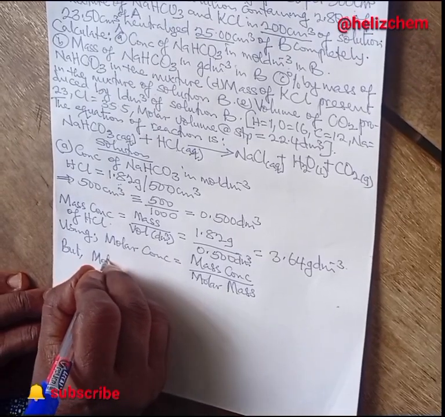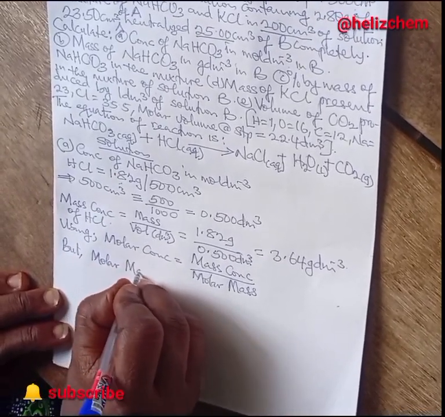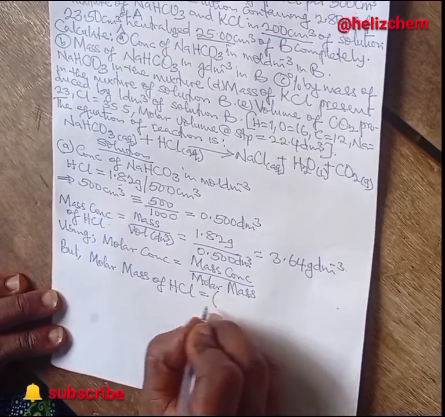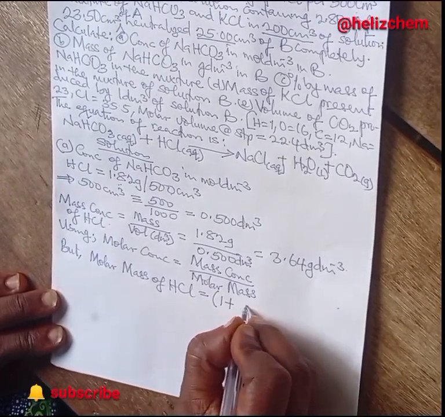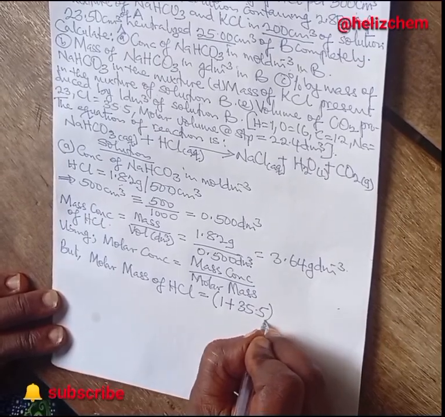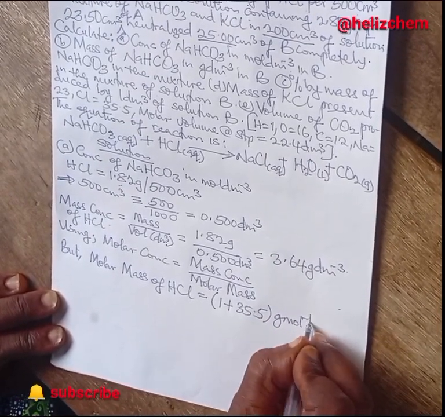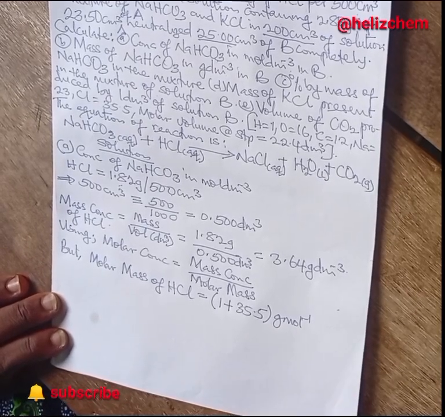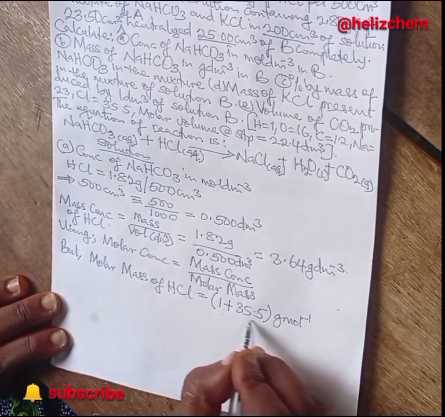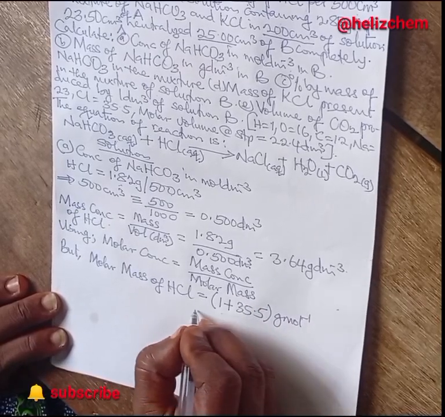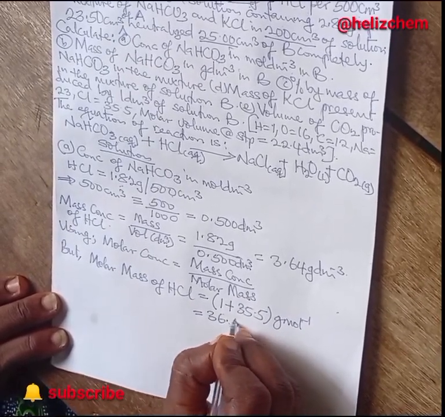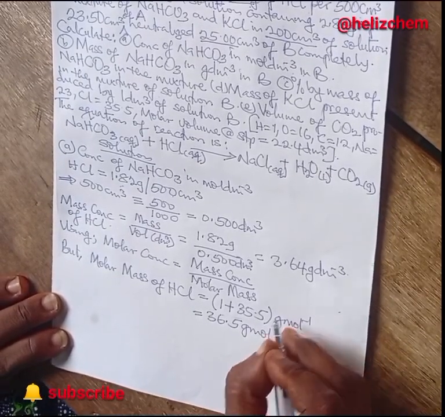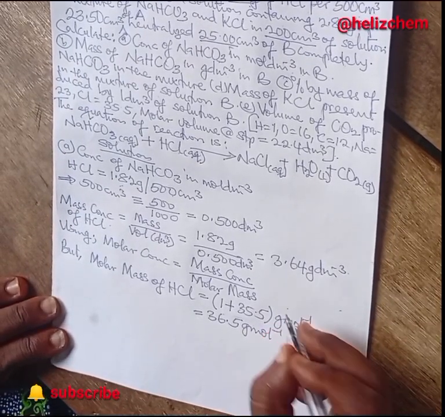So molar mass of HCl now is H is 1 plus 35.5. So make sure you always put your unit in WAEC. Unit is very important in chemistry, and this is what WAEC will mark for you. You have to show how you get your 36.5 gram per mole. So this is where WAEC will mark.